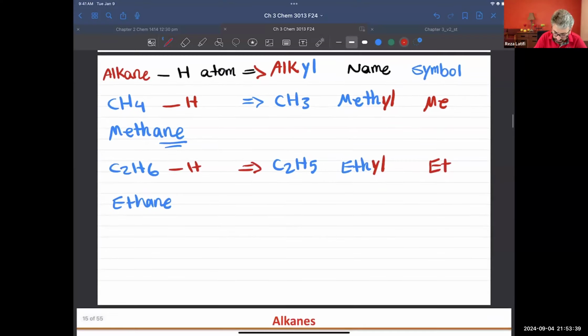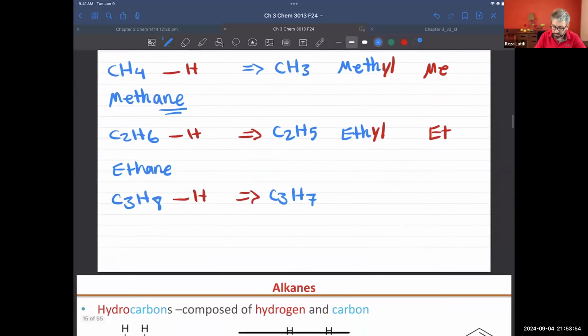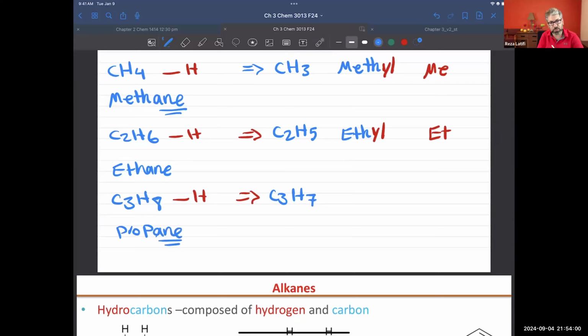Next I go C3H8 minus 1 hydrogen. It will give me C3H7. The original compound we call propane. The new one will be propyl.